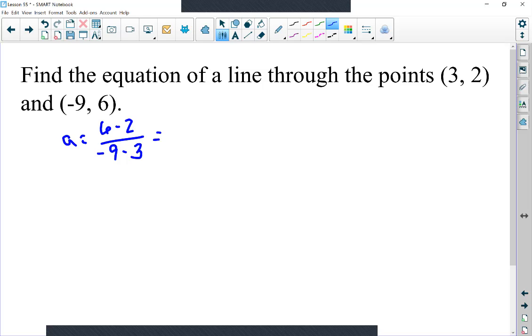And what do we get for the slope? Four over negative 12, which we can reduce to negative 1/3.